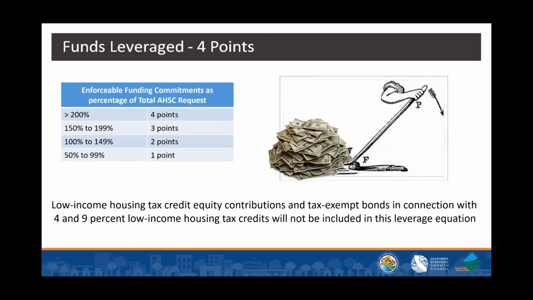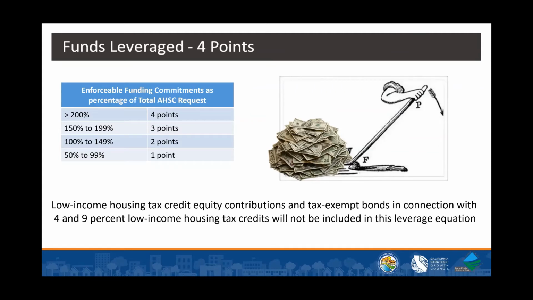Leverage funding. Enforceable funding commitments as a percentage of the total AHSC request. So if your EFC is 200% and over, you get 4 points. Anything 150 to 199%, you get 3 points, and so on.